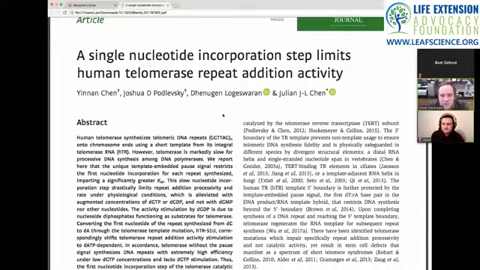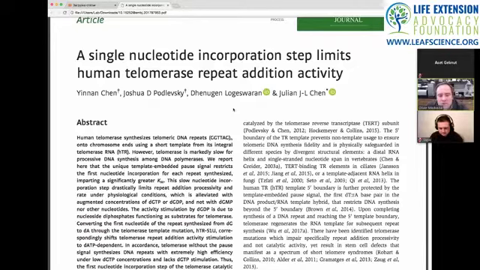Telomerase is the enzyme that most of us are aware adds repeats of DNA to the ends of linear chromosomes. It's a reverse transcriptase, meaning it converts a sequence found on RNA, which it carries around as a template. So telomerase is a ribonucleoprotein.